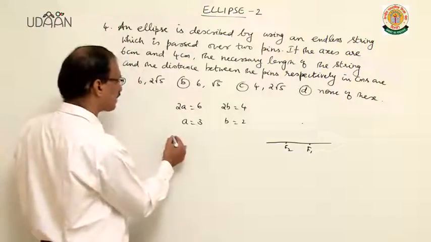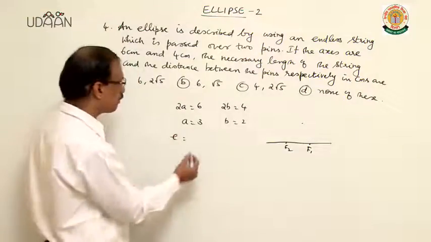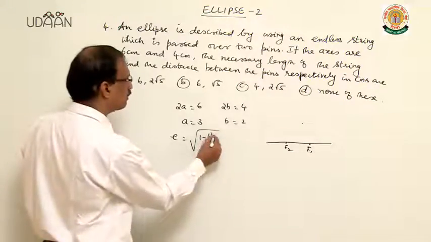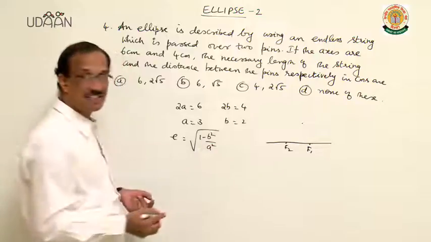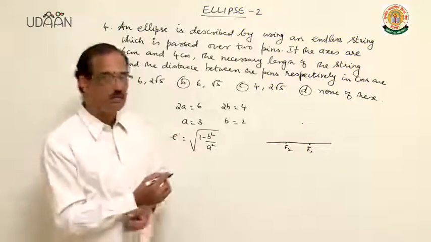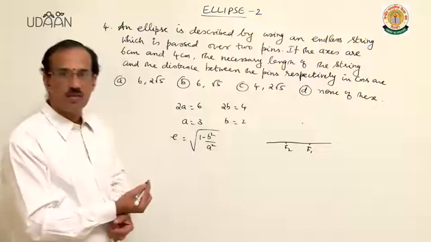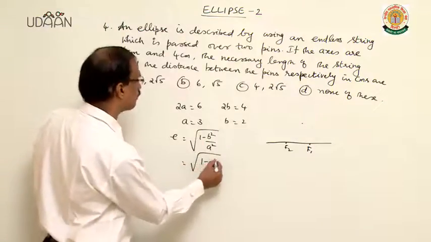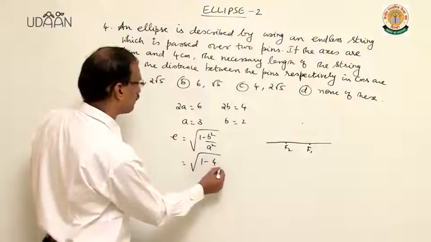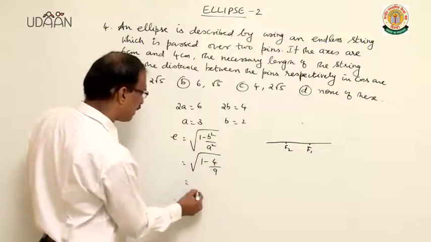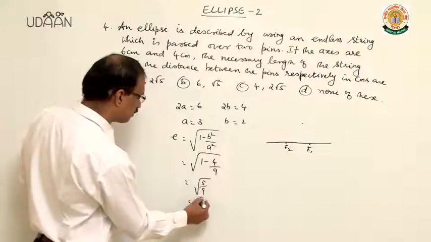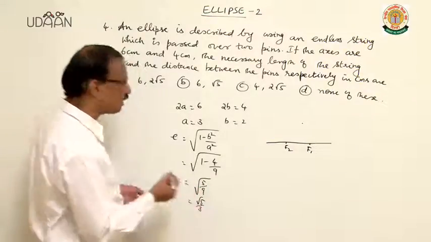For that, first the eccentricity: e equals root of 1 minus b square by a square, since a is greater than b. So root of 1 minus 4 by 9, or root 5 by 9, that is equal to root 5 by 3, the eccentricity.